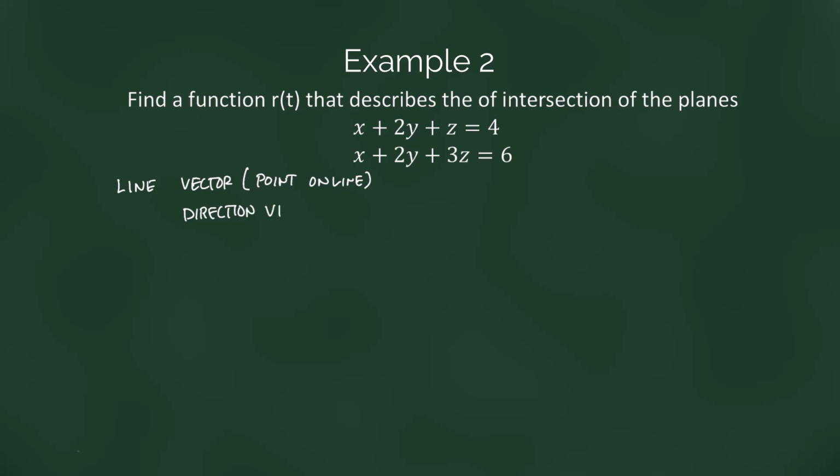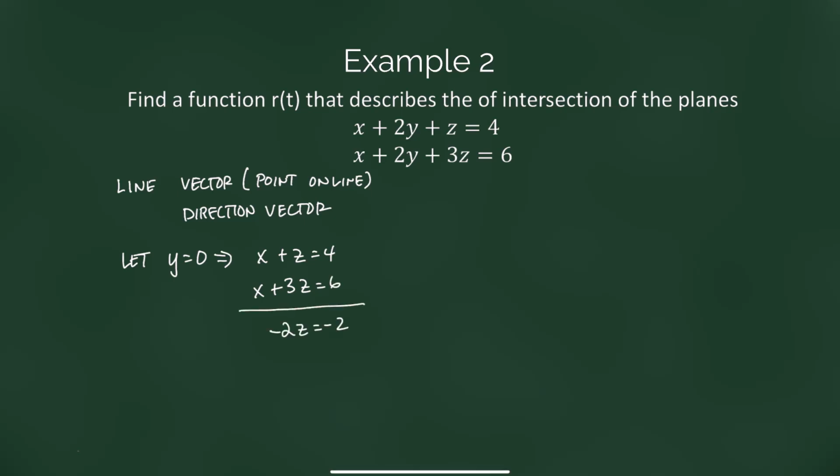So let's go ahead and see if we can find a point on our line. We're going to do that by letting y be 0. If we have y equals 0, then we get that x plus z is equal to 4, and x plus 3z is equal to 6. When we subtract those two equations, we get that negative 2z is negative 2, so z is equal to 1.